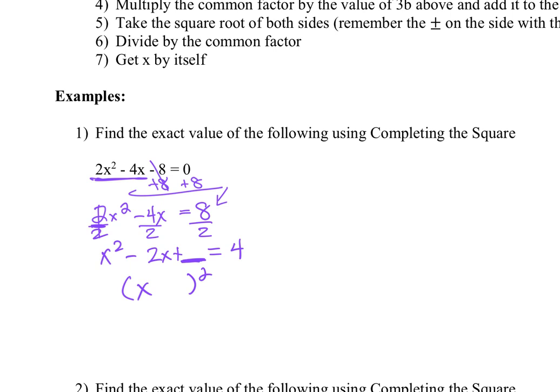We take that 2, divide it by 2, and then square this number. So negative 1 squared is a positive 1. Now I can't just add 1 to one side of an equation. I have to add it to the other side too. So now I have my perfect square equation.